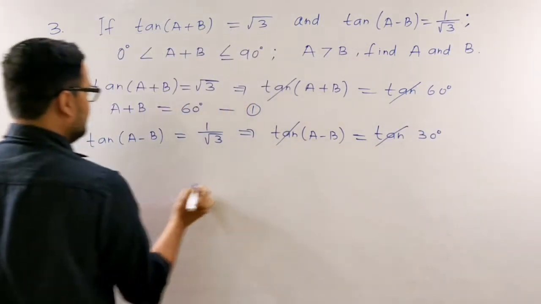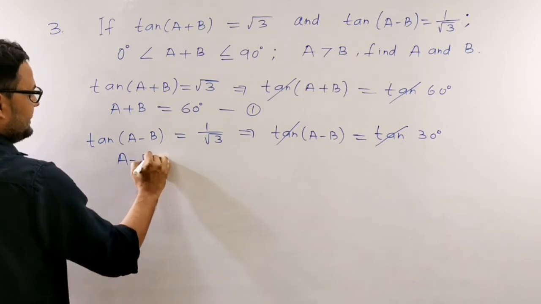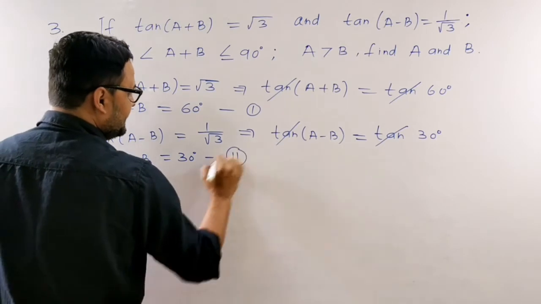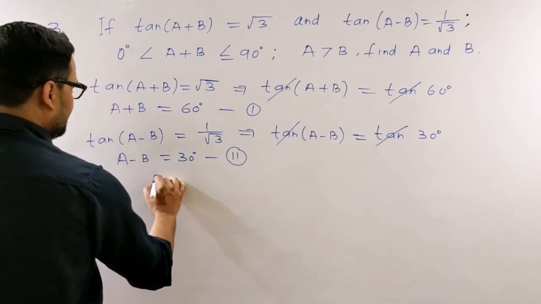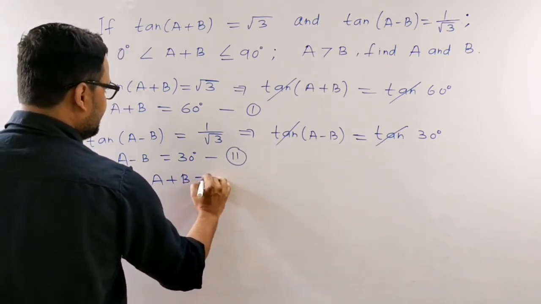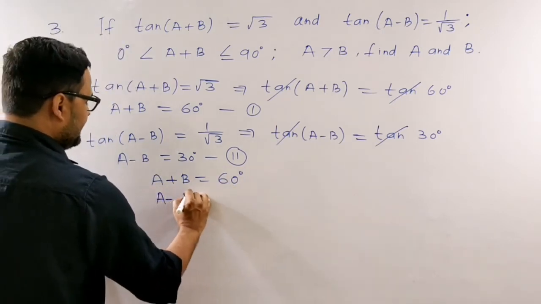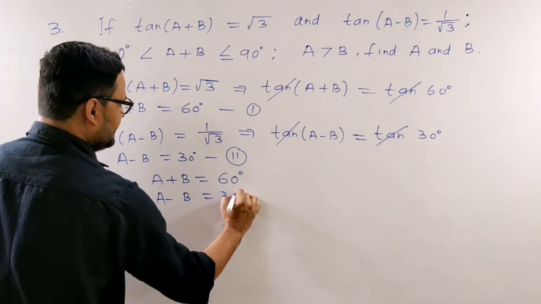Tan got cancelled. So we got A minus B equals 30 degree. Equation 2. Now I'll write both equations: A plus B equals 60 and A minus B equals 30 degree.